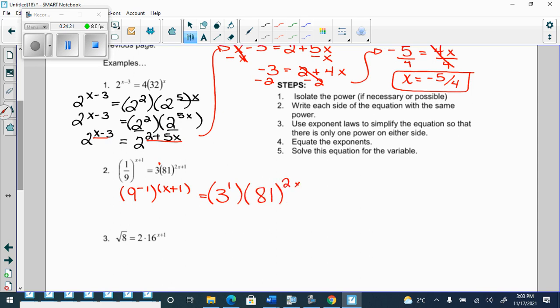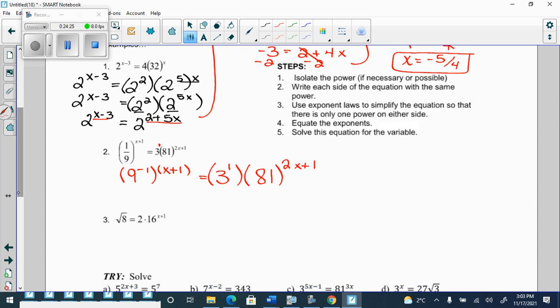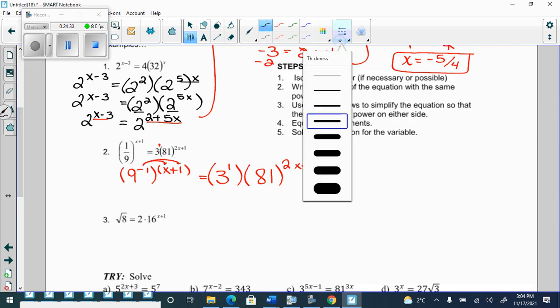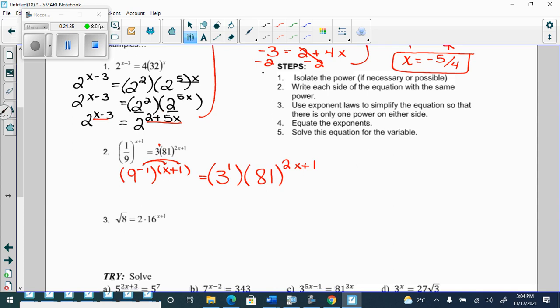Distribute my negative 1 through. And I get 9 to the negative x minus 1 equals 3 to the 1, and then 81 to the 2x plus 1. So I at least now don't have any fractions.